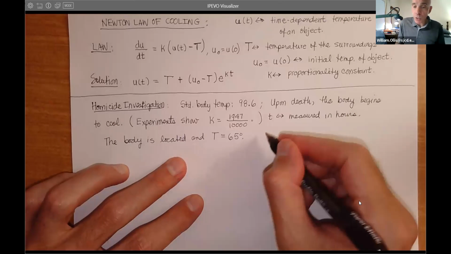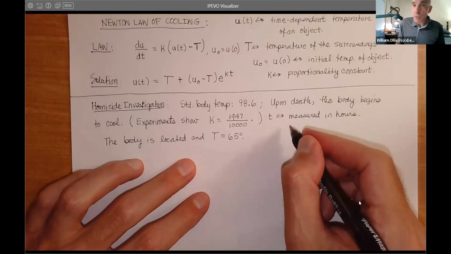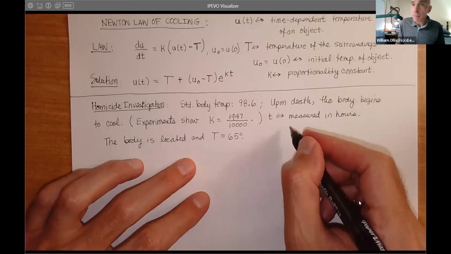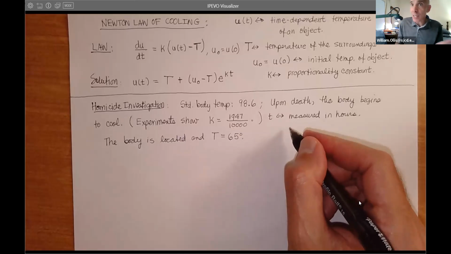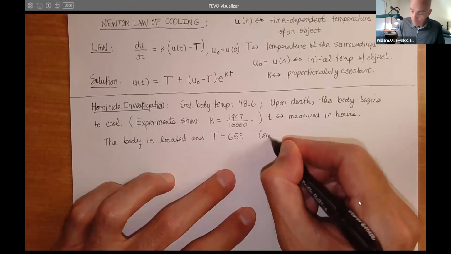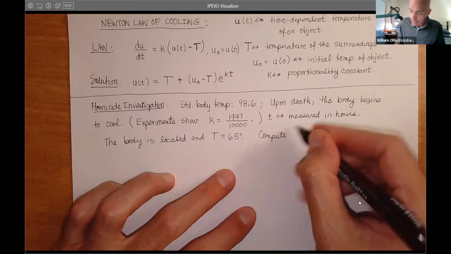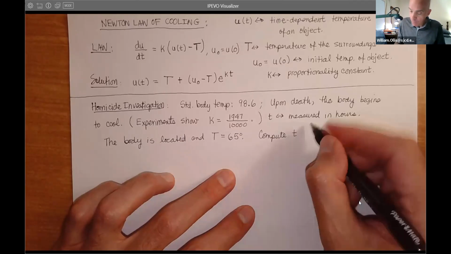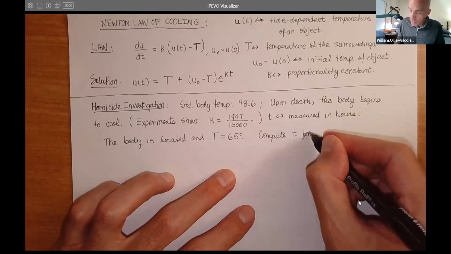And then what we want to do is consider the time that the body has actually been in that deceased state. That is, compute T for the deceased state.